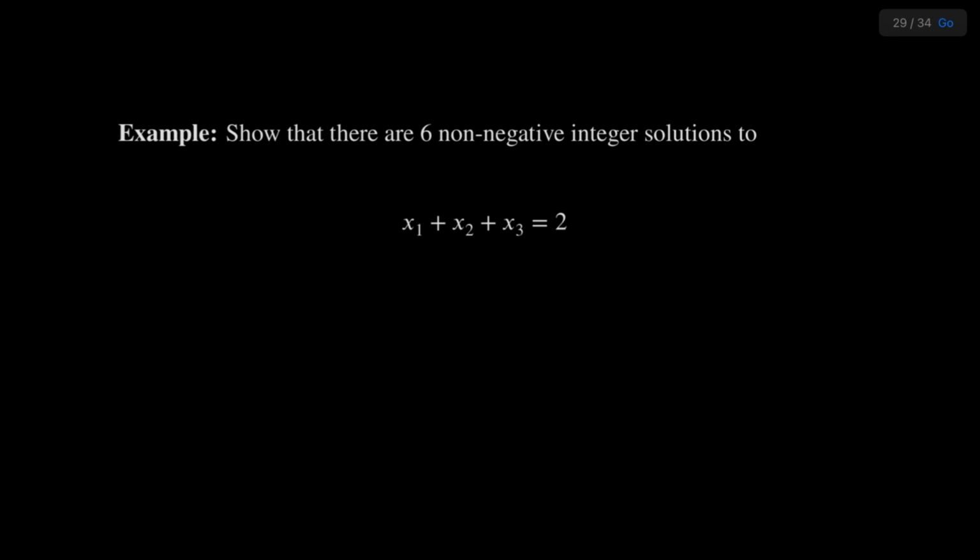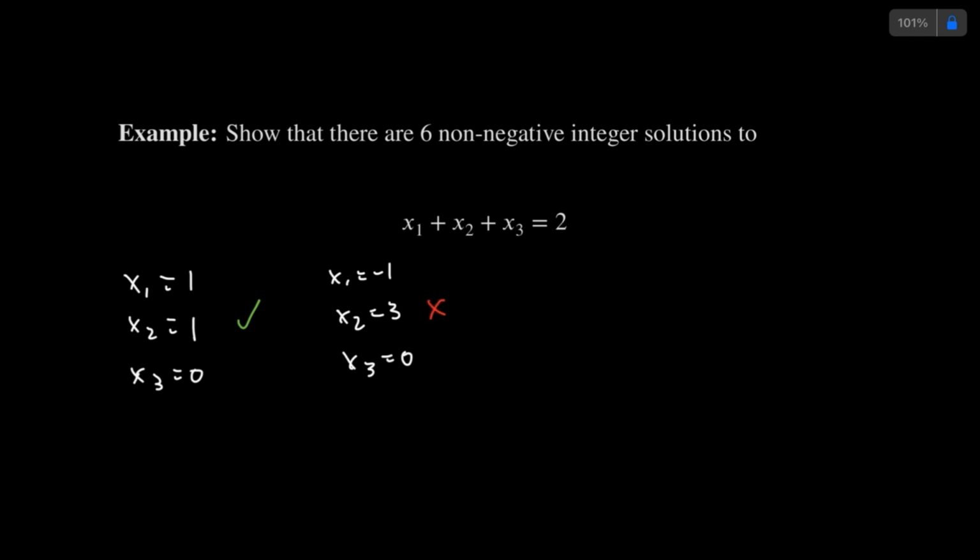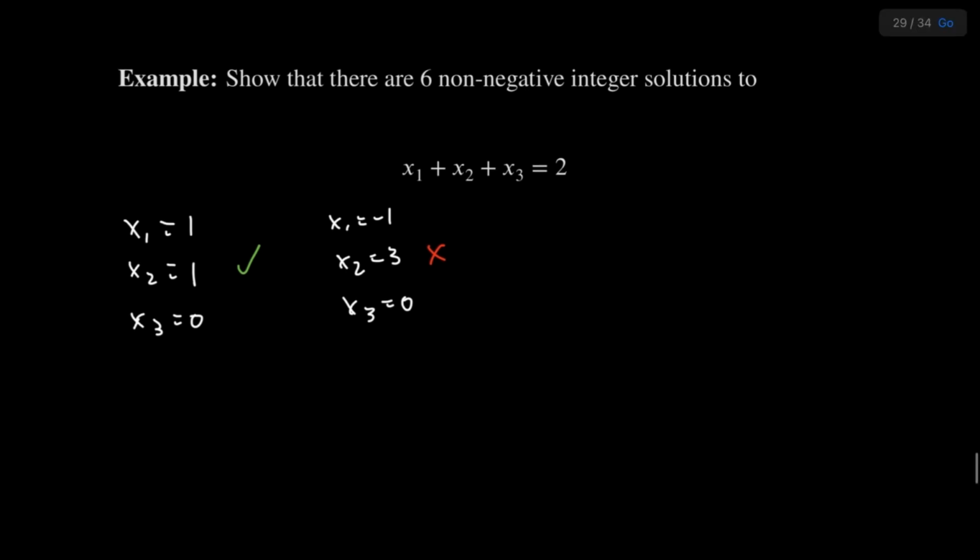I just mean, for example, we could take x1 equals 1, x2 equals 1, x3 equals 0. Okay, so this is a nice non-negative integer solution to this equation, right? Something like x1 equals minus 1, x2 equals 3, x3 equals 0 isn't good, right?